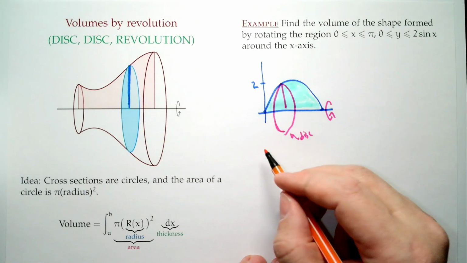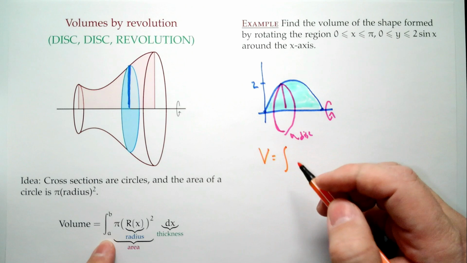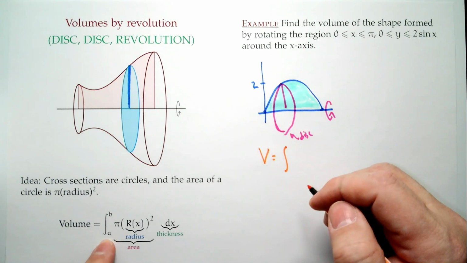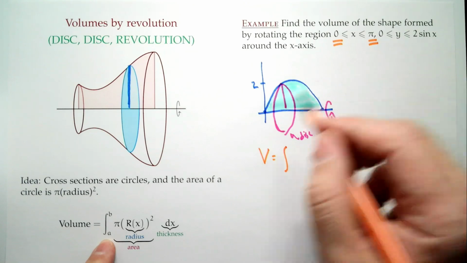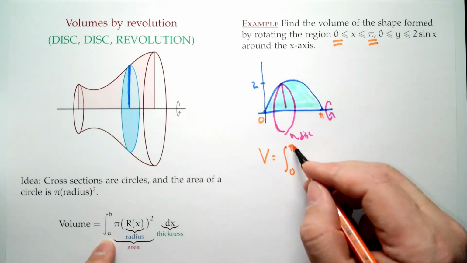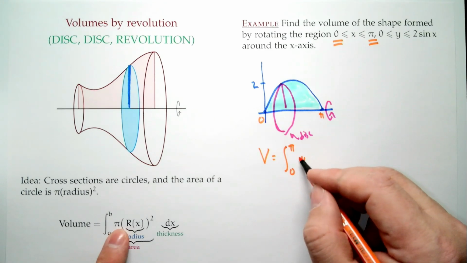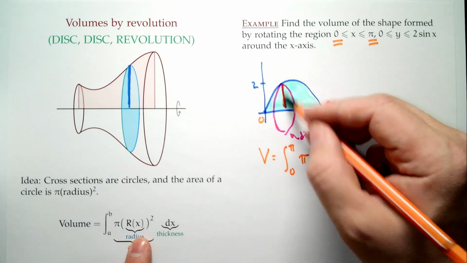So what do we have? The volume will be the integral from a to b, which will be 0 to pi, which we get from our bounds, which weren't marked here, but we can throw them in. And then we get pi, and then we get our r of x. The r of x is the height.